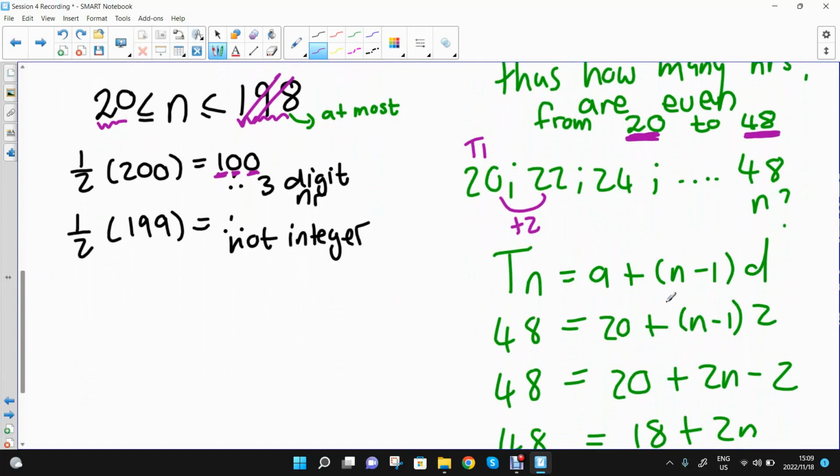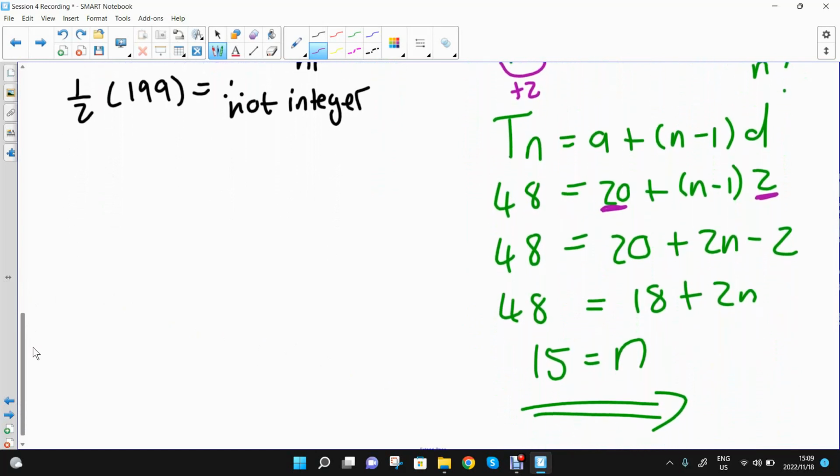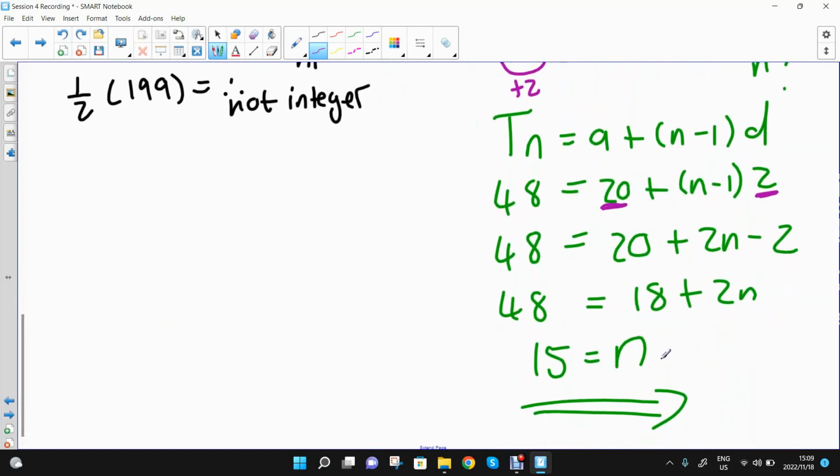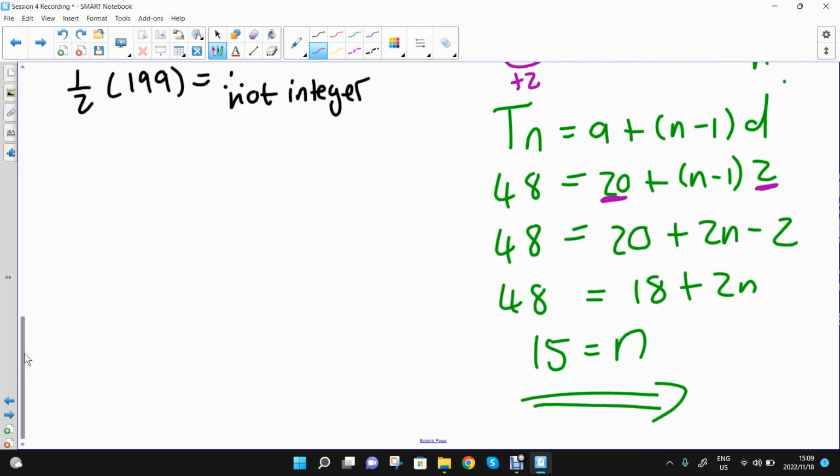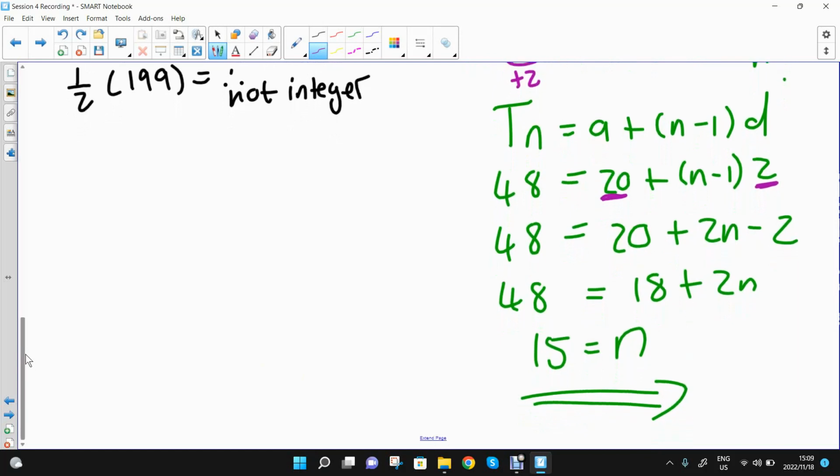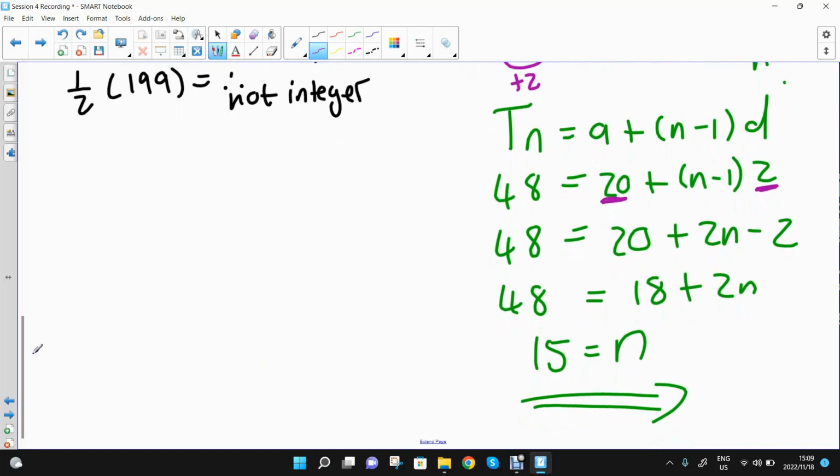So I set my formula equal to 48, plug in my first term of 20, and my common difference of 2. Quickly multiply that out, and you then get your answer. So there are going to be 15 numbers that will work for n to make both of these criteria or scenarios play out correctly.